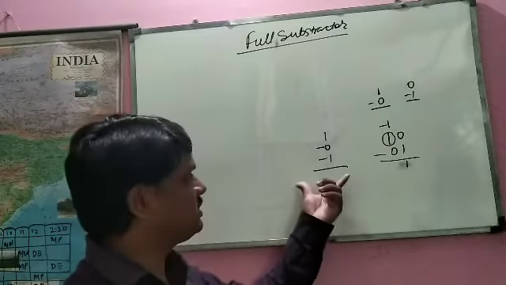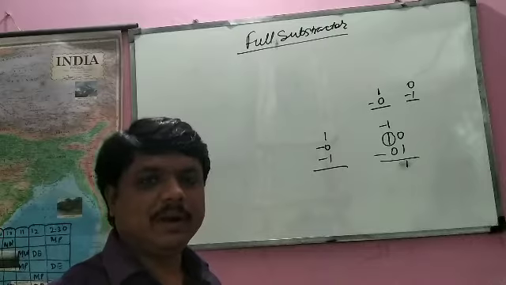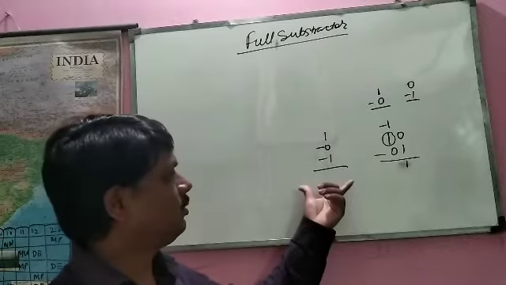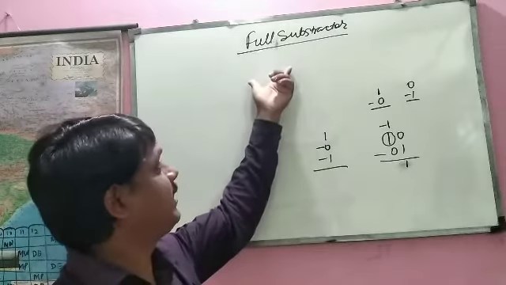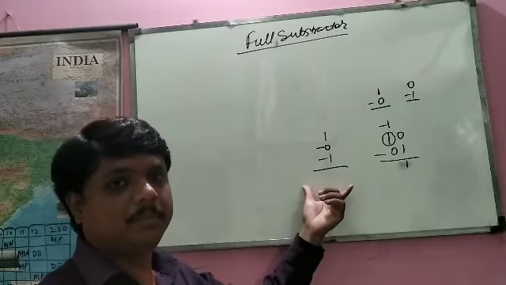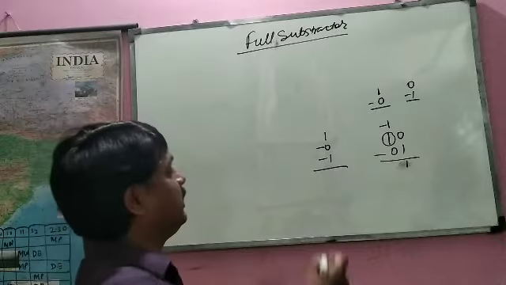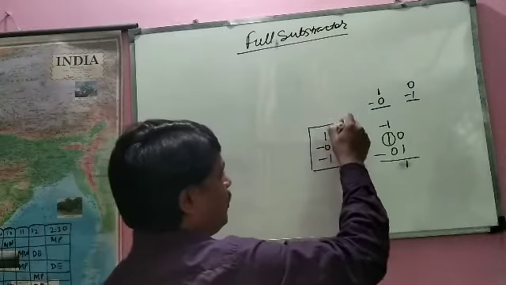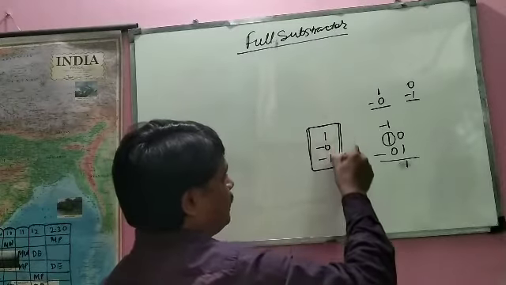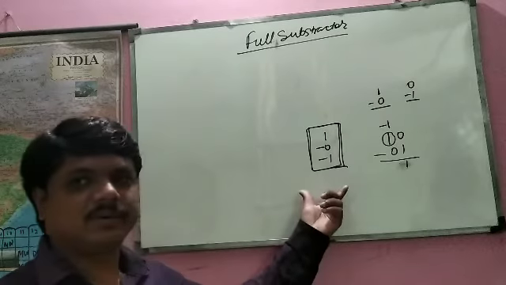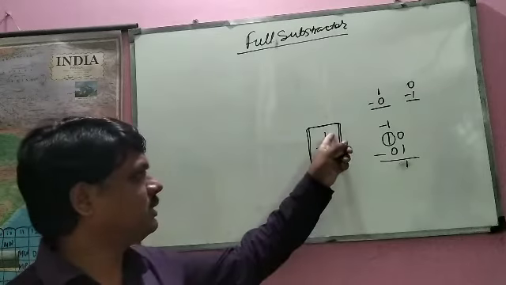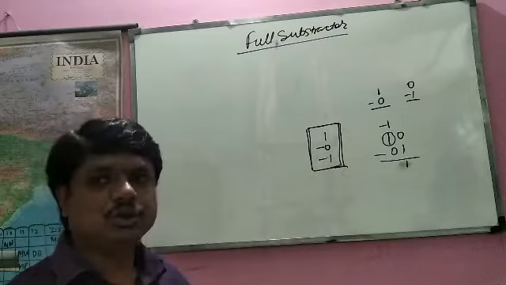This type of device we needed, and this full subtractor does this operation. By the help of full subtractor we can perform this subtraction. From one single bit we can subtract 2 bits.